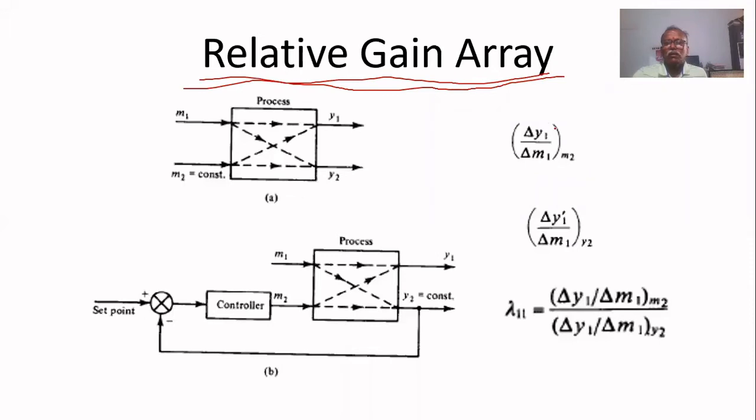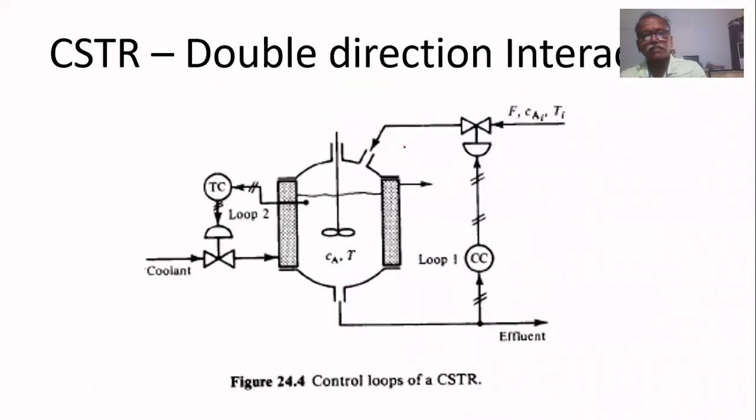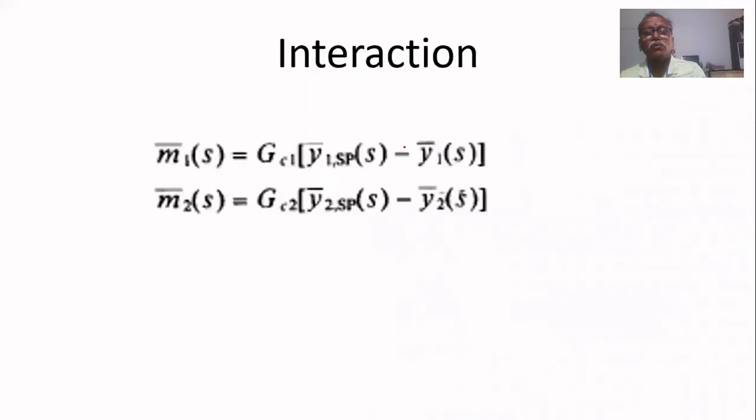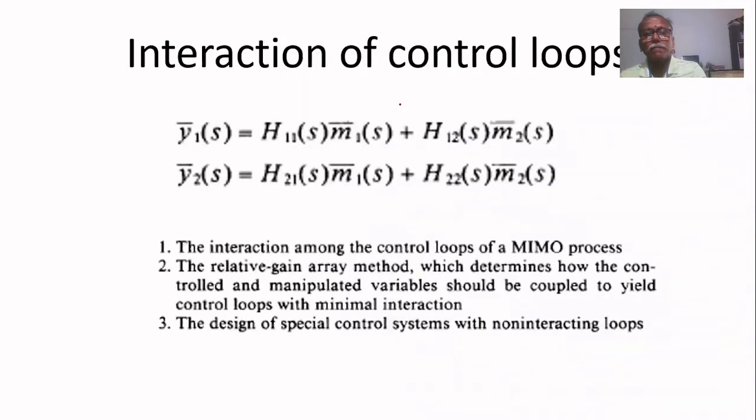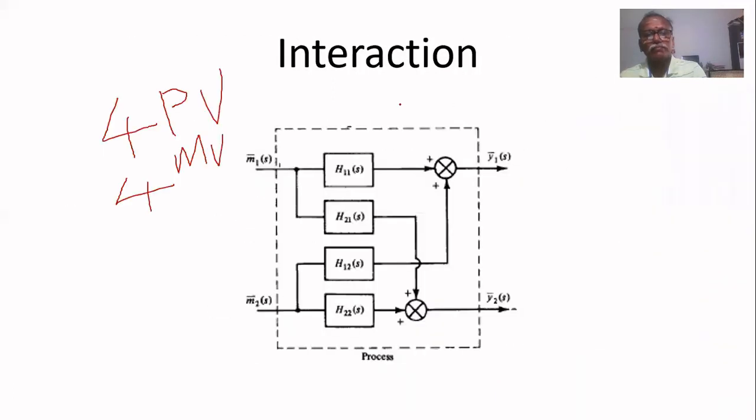Before going to see all these things, we should see more about interaction. Then only we can understand the relative gain array. Now let us see interactions first. Then we will go to relative gain array.